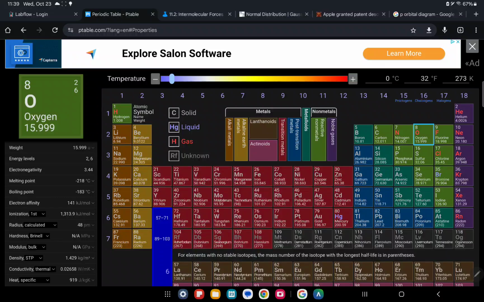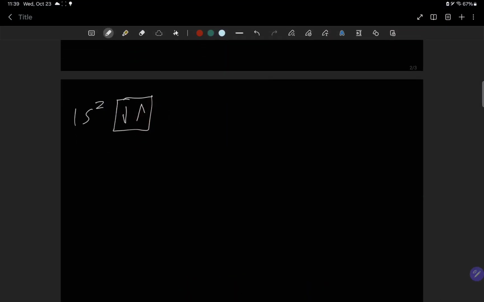So you're going to have your 1s. It's going to have both 1 and 2. That's filled. That's 2 electrons. And we need a total of, oxygen is 8, so we need 8 electrons. Okay. So 2s, we're going to have, yeah, so that's 2, we go 3 and 4, so that's that one filled.